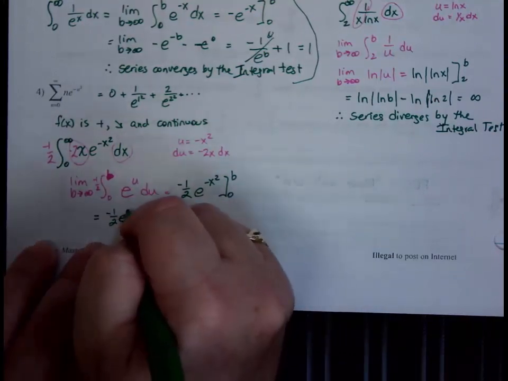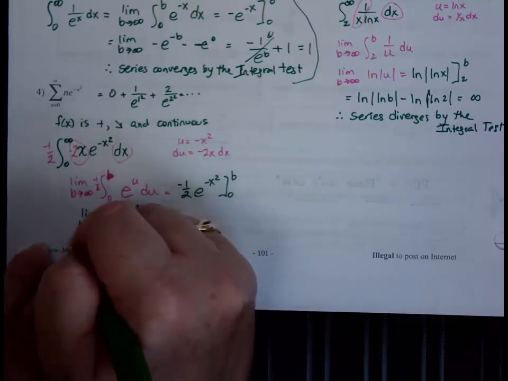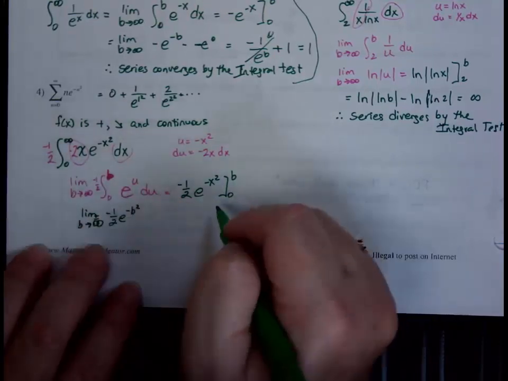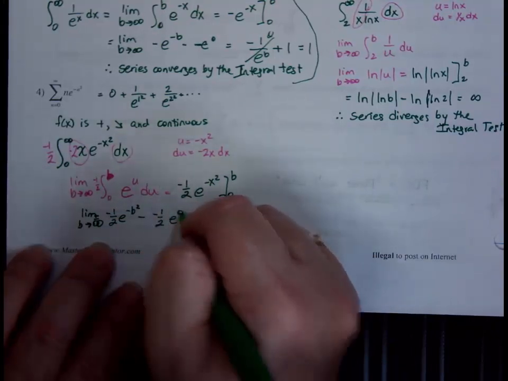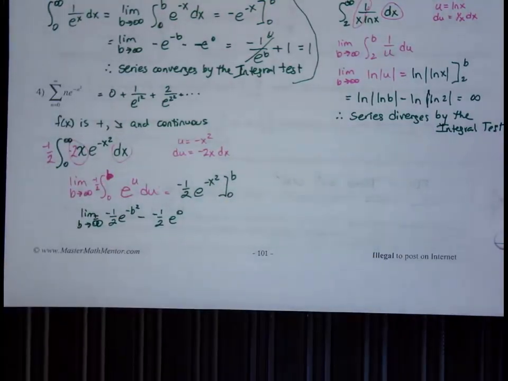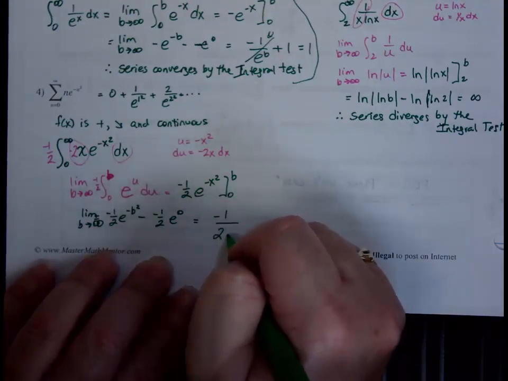I forgot to write my limit. Let's do that real quick. Limit as b approaches infinity, minus negative 1/2 e to the 0. Once again, I have a negative exponent. Don't try to evaluate until you make that negative exponent positive. So this would be negative 1 over 2 e to the b squared on the bottom.